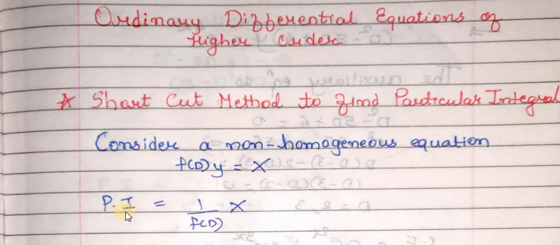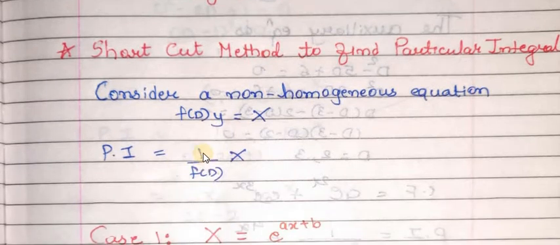So particular integral is given by the formula 1 by f(D) X. Okay, so how to find PI and CF of the equation f(D)y = X? I will explain this with the help of examples.